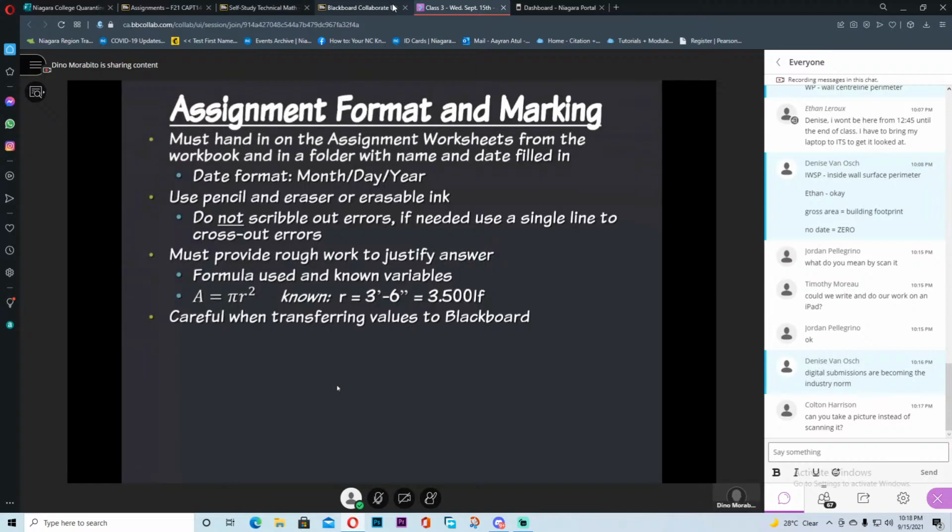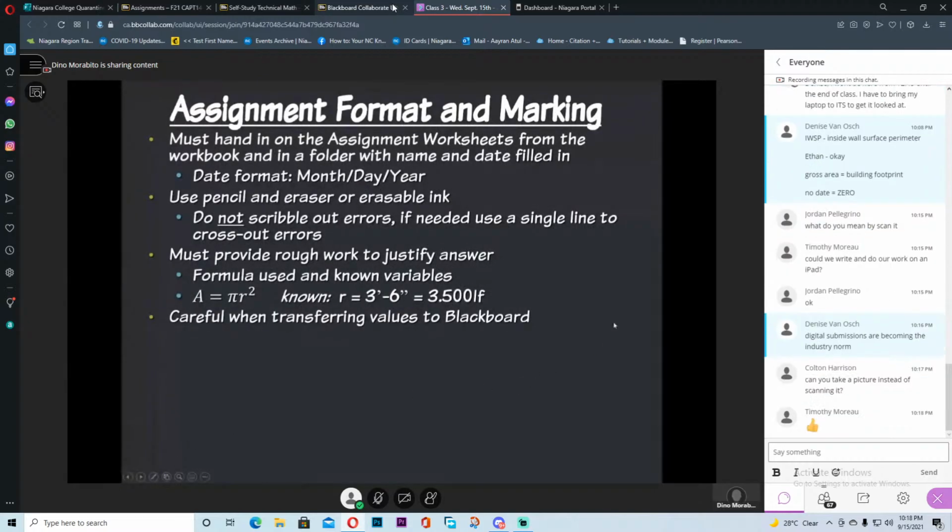We're going to get to it in just a minute, Timothy, but we're going to show you what file you'll use to print out, or you could use this same file on your iPad and write your work into there as well. We need to end up with it electronically, but if you write your work on an iPad using the PDF file that we give you, that would be fine as well.